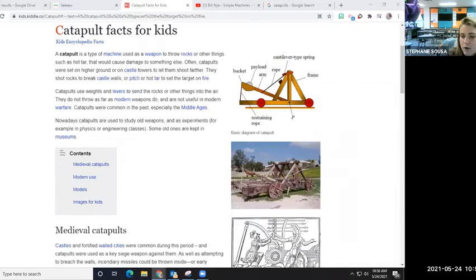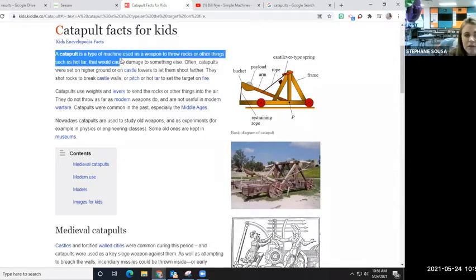Okay. Remember, engineers have to understand what it is that they are designing and building before they can begin that process. So this is our background knowledge. Catapult facts for kids. A catapult is a type of machine used as a weapon to throw rocks or other things, such as hot tar, that would cause damage to something else.